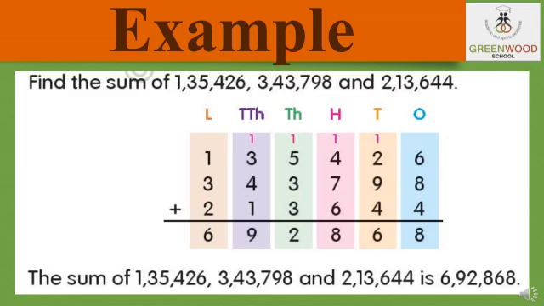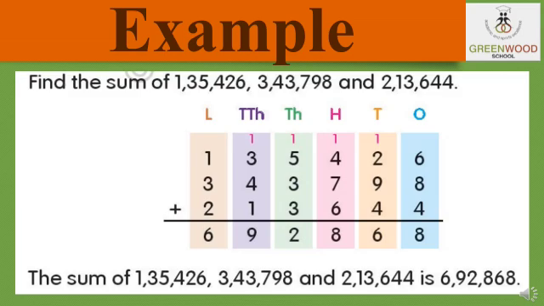Find the sum of 1,35,426, 3,43,798 and 2,13,644. First, place all the values in their respective places, that is ones, tens, hundreds, thousand, 10,000 and lakh.